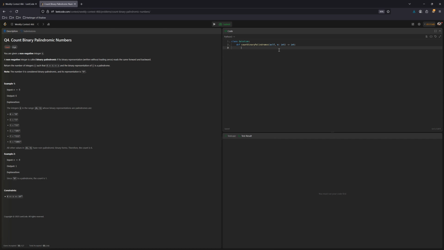So, palindrome count. I think we're going to have a K remaining digits. And then we're going to have to understand that for odd numbers, there is a shared middle.